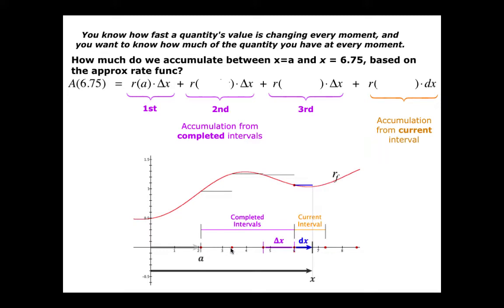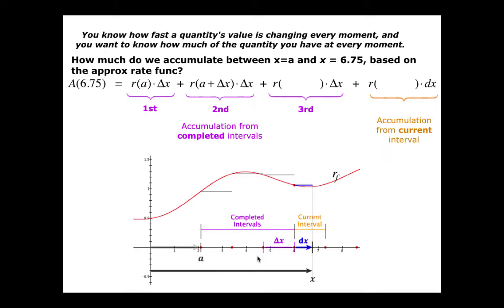So the x coordinate here is a plus delta x. So the rate that I'm going to use for this next interval is going to be the rate at a plus delta x, which I can express either r or r sub f, either one, but at a plus delta x. So the stuff inside the parentheses is that x value location, but r of that, or r sub f of that, is the rate that we're going to use for the full interval.